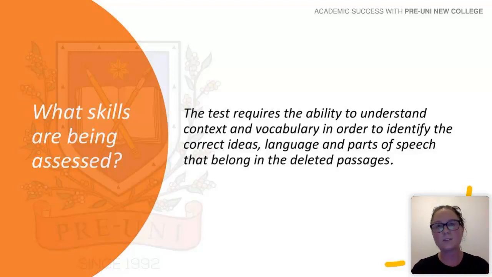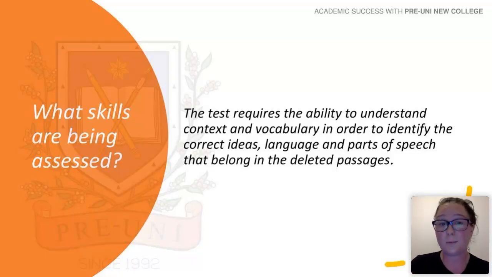So sometimes the extracts are about topics that are age appropriate, but perhaps the students haven't learned. They're not familiar with that topic, and that's okay, because there's going to be lots of signals that give hints and clues as to which sentences belong in context in those paragraphs.